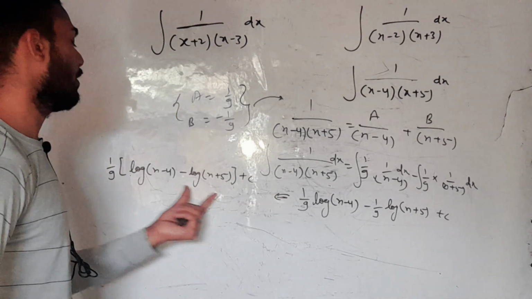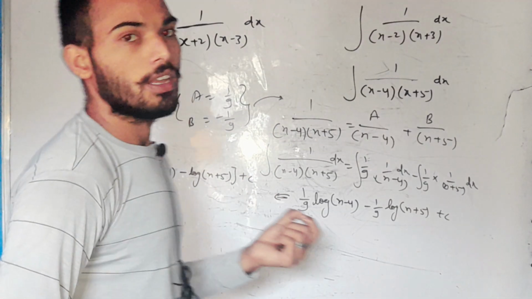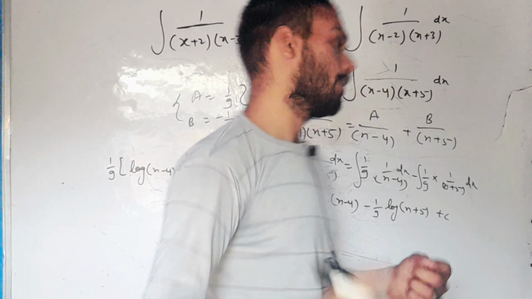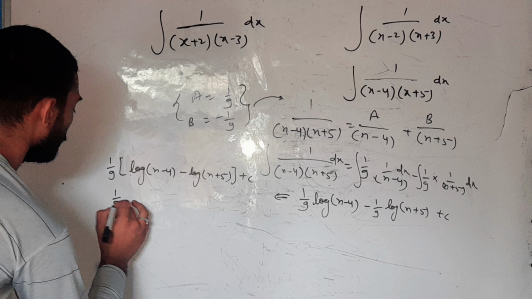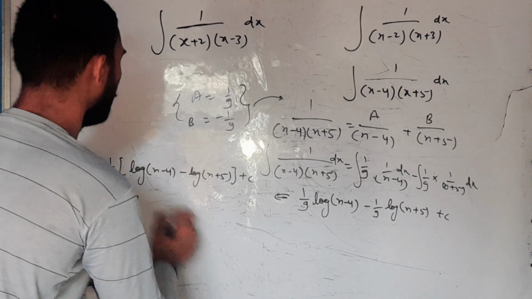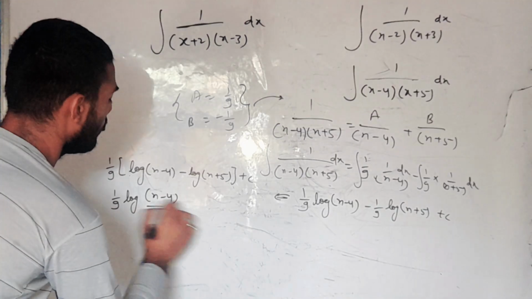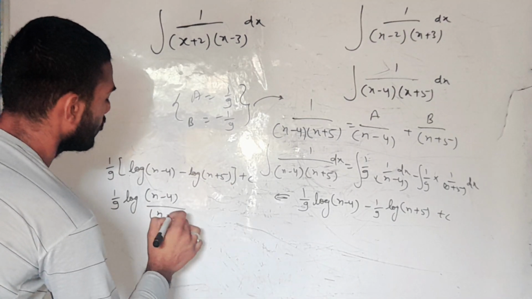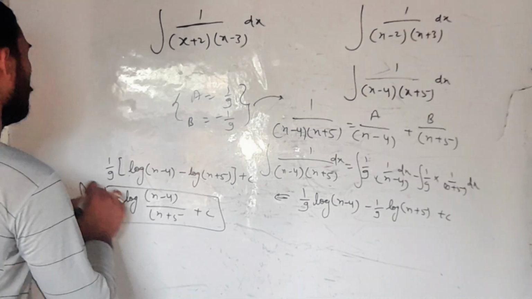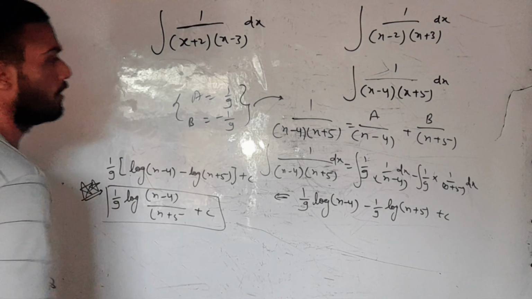By the property of log, log a minus log b equals log a upon b. So this will be 1 upon 9 log of (x minus 4) upon (x plus 5) plus c. This is the integration of the function.